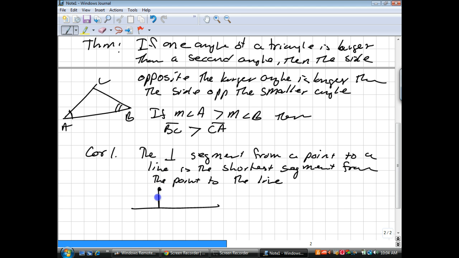So the distance from here to here, the shortest distance, is the perpendicular segment.